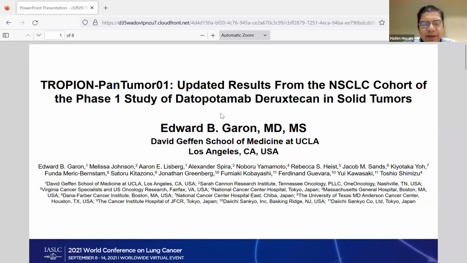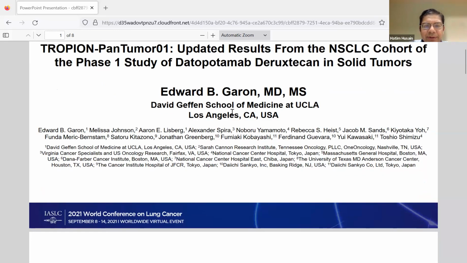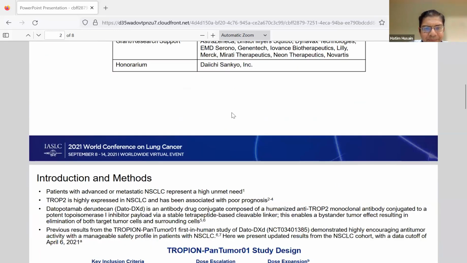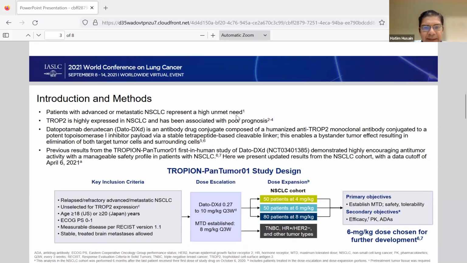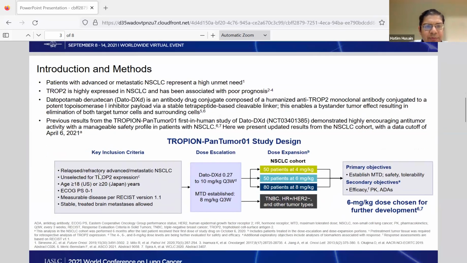But what I'll do is just present some of the slides. This was originally presented by Eddie Guerin from UCLA at the World Lung Cancer Conference. Basically, the trial looked at a study design which included relapsed or refractory metastatic lung cancer patients.